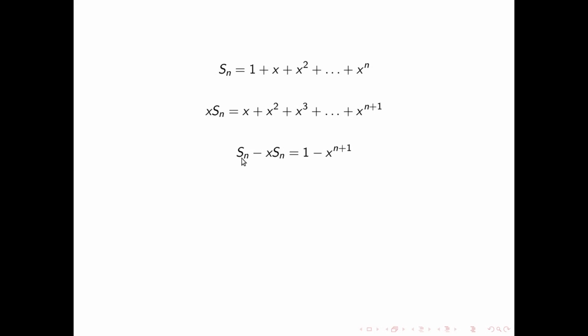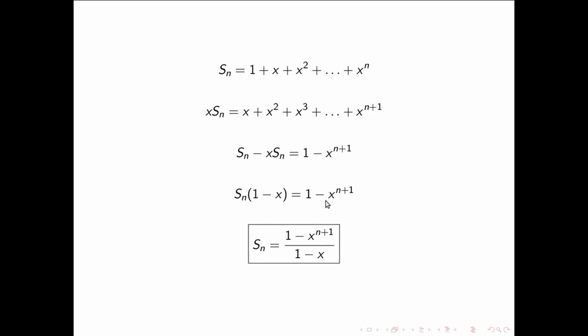Now the term Sn is repeated, so we can take it as a common factor and obtain the next equation, Sn times (1 minus x) equals 1 minus x^(n+1). Now this factor can go to the other side of the equation dividing, and we obtain our equation for the finite sum.